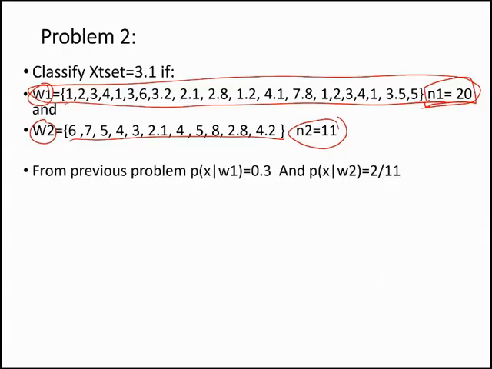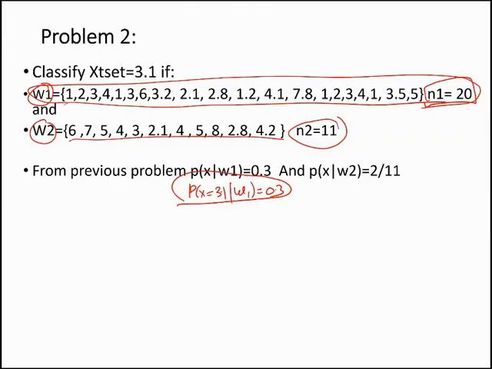Now from the previous problem, we know that the probability of X equal to 3.1 given omega 1 is 0.3. So that we have calculated in the last problem.